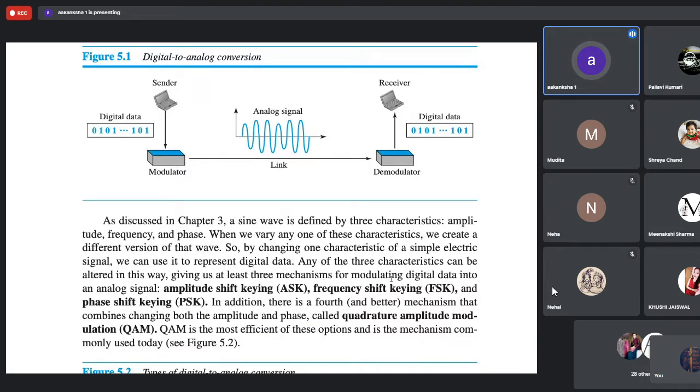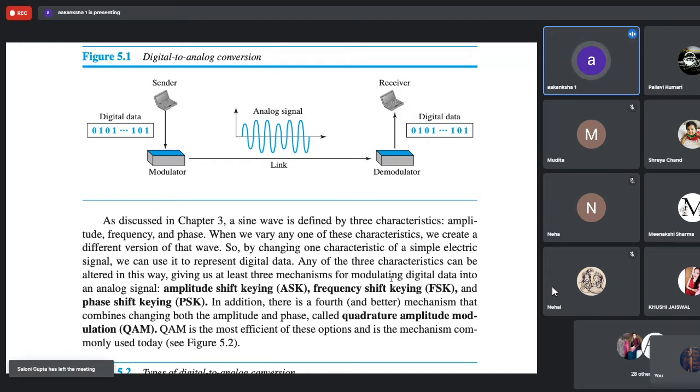Keying means we are encoding the digital information into the signal itself. So we are shifting, changing the amplitude to key the digital information into the analog signal. That's why it is known as amplitude shift keying. Then the second one is frequency shift keying.